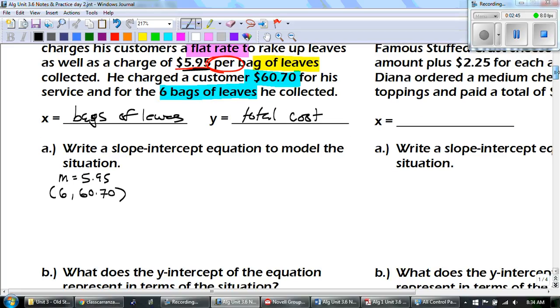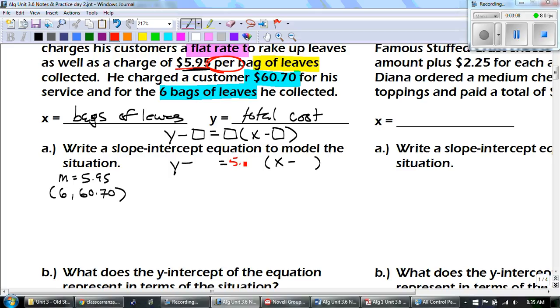So they gave us a point and a slope. So today we're going to be going into these application problems where we have to start in point slope and then move into slope intercept. Okay? So I'm just going to go ahead and write down our equation.